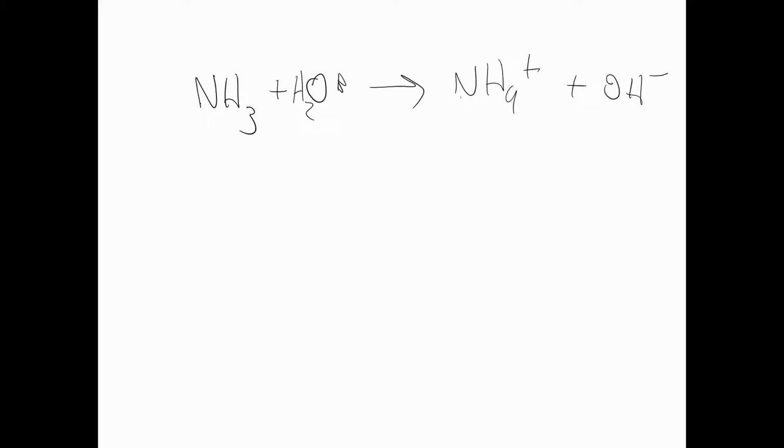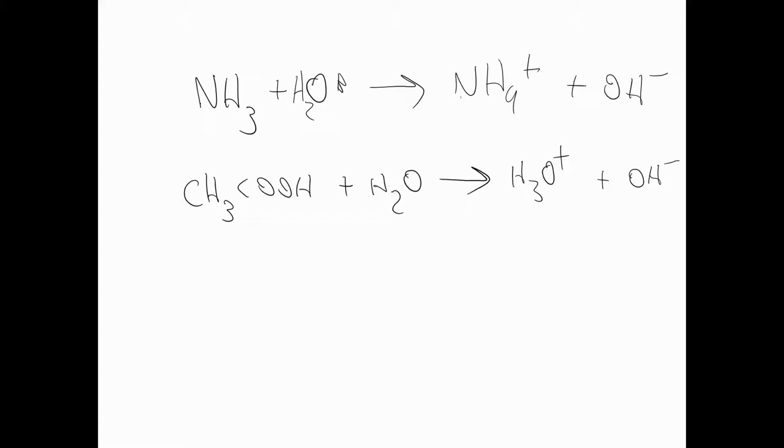But in the case of something that is an acid reacting with water, like CH3COOH plus H2O, acetic acid is a stronger acid than water. And so it creates in solution H3O plus and the conjugate base. This here is the acid, this here is the base.